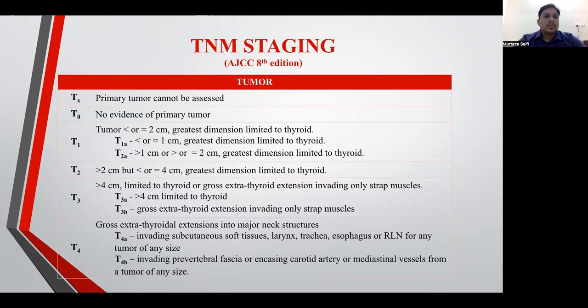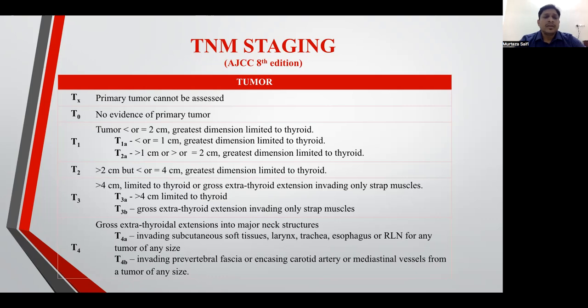Then more than 4 centimeter is T3. As T2 is 2 to 4, T3 is more than 4 centimeter limited to the thyroid, or gross extrathyroidal extension invading only up to the strap muscles, the covering muscles. T3a is more than 4 centimeter limited to the thyroid.